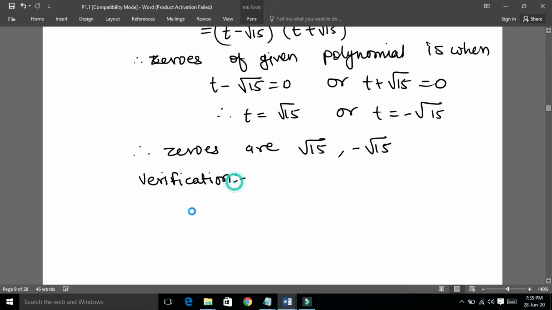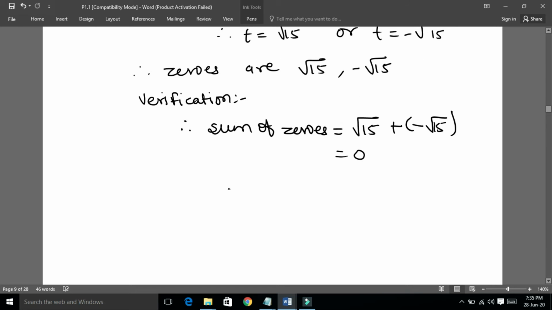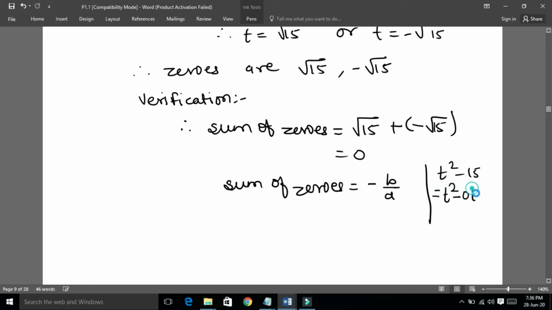Therefore the sum of zeros is equal to root 15 plus minus root 15. So that is 0, and the sum of zeros is also equal to minus b upon a. Now the given polynomial is t square minus 15. Since the middle term is missing here, so t square minus 0t minus 15.